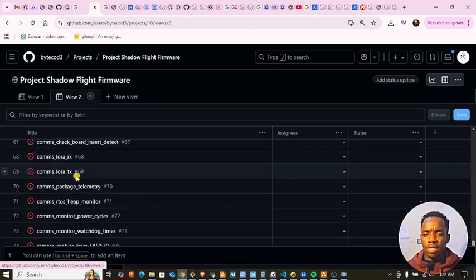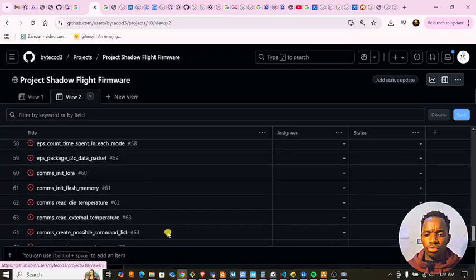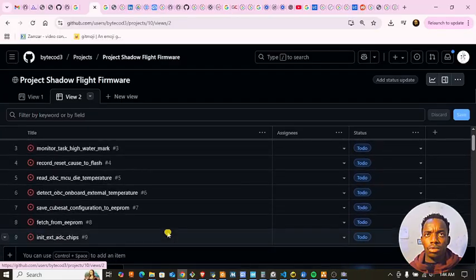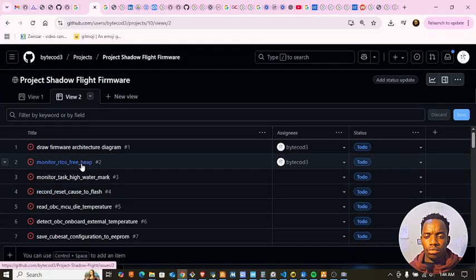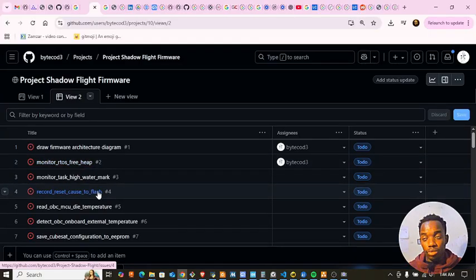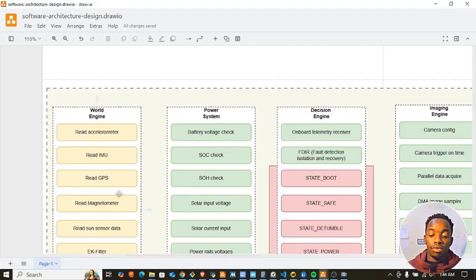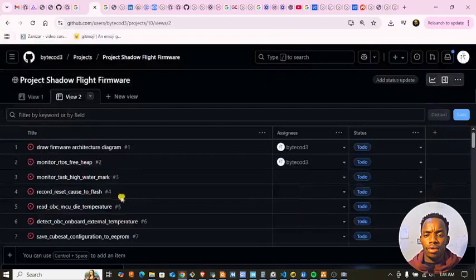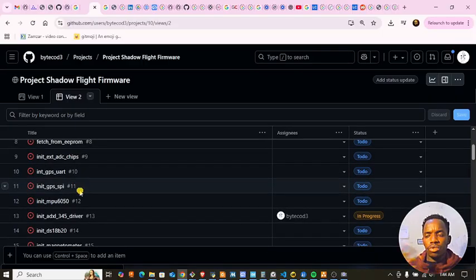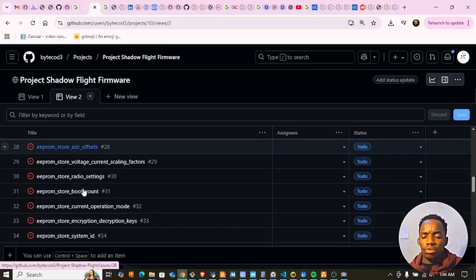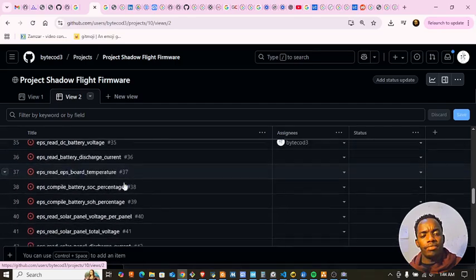There are almost 200 issues, or rather sub functions. Here on this project is where the details are, compared to this part, which is just high level explanation and documentation. If you want to go into details and see what needs to be done by what and how, you can always check the Shadowflight firmware project. This is public.